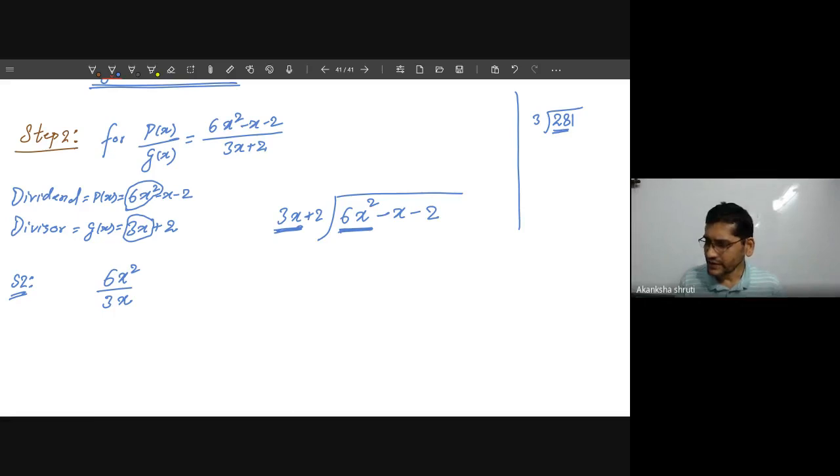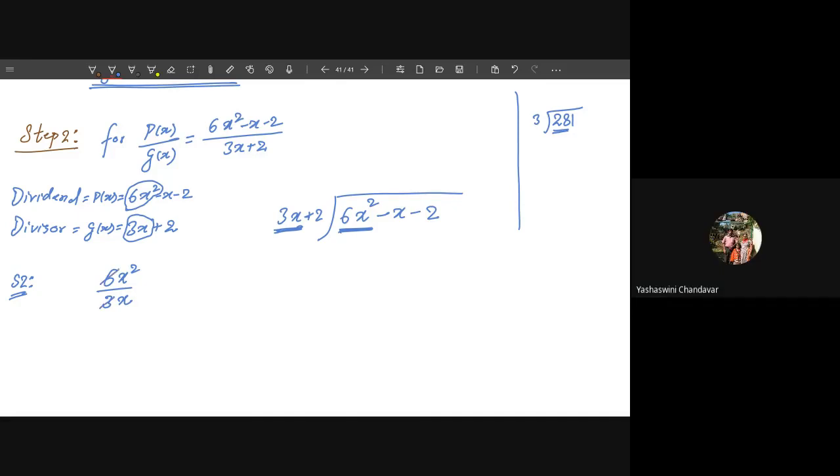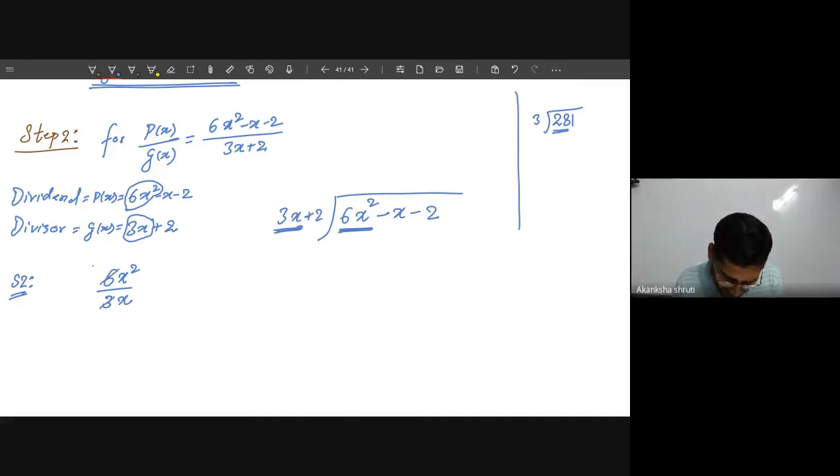Okay, student, if you take these two in ratio, what will you get? The numbers 3 and 6 have the common factor 3, so this can be cancelled by 2. Now, student, what is x square by x? Only x, because in the numerator it will be x to the power 2 minus 1, by the law of exponents, so the power will be only 1.